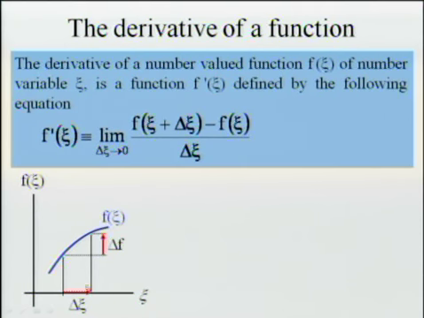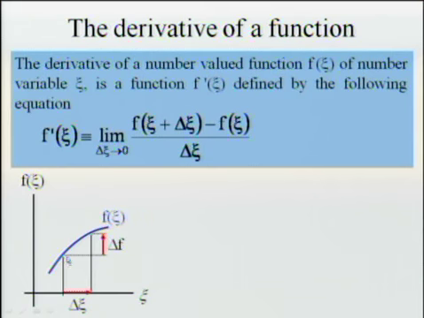That way we will get a sequence of numbers. For every delta xi, I will get a certain value for the difference quotient. Now I have to take this delta xi getting smaller and smaller, so the difference quotient will form a sequence. And to whatever number that sequence converges, this is the value of the derivative.